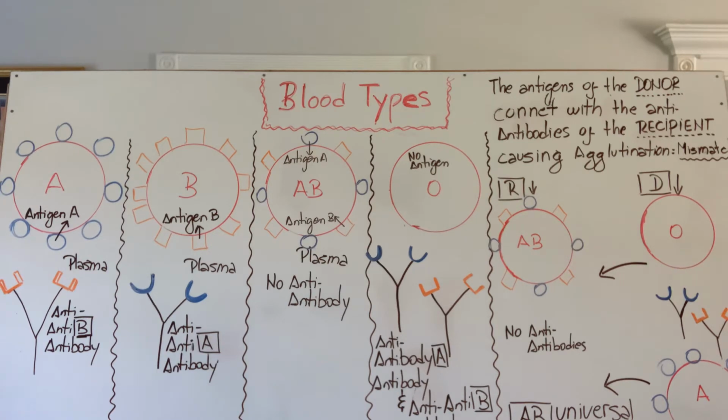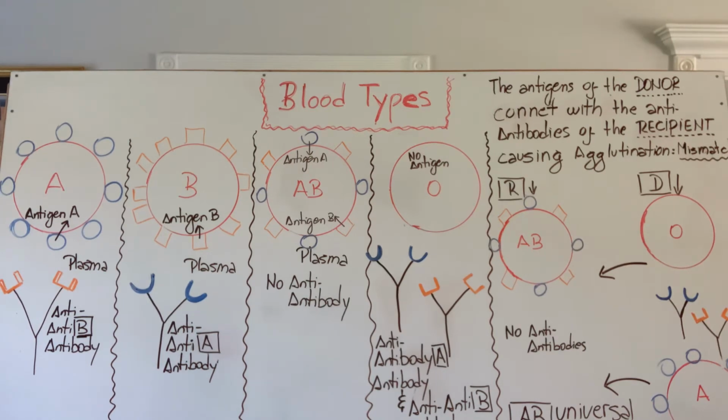Agglutination or mismatch depends on the amount of blood we transfuse. But eventually, this transfusion could be not safe, and the patient can die. And this is what happened before the blood types were discovered.